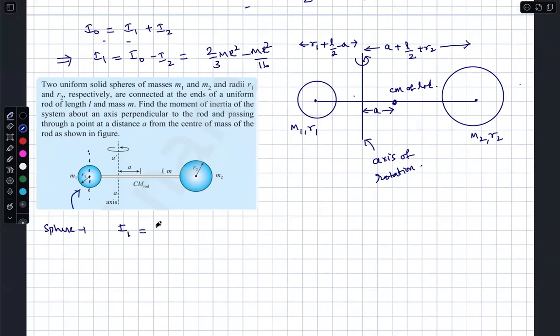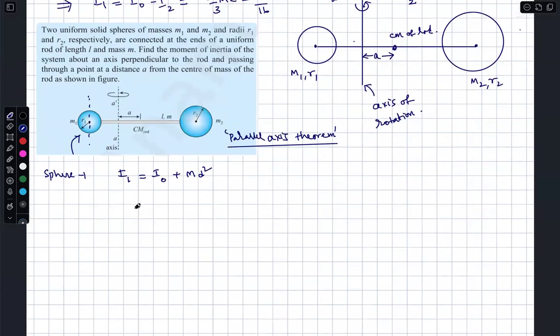I am applying the parallel axis theorem, which has the MD square term. So I1 is 2 by 5 M1 R1 square plus M1 D square.